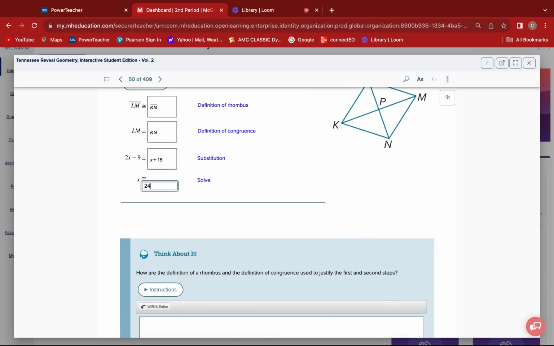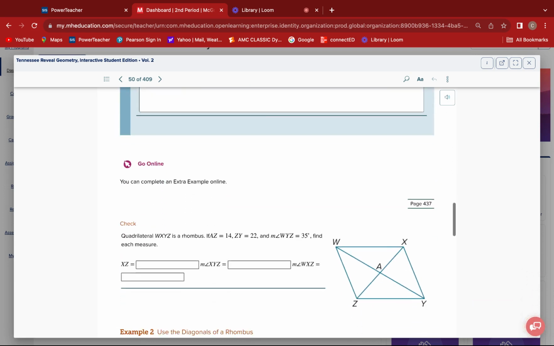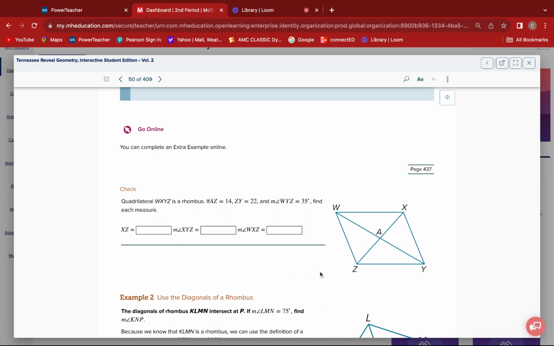And I guess that's all they want me to do. I'm going to turn the page. Yep, going to a check. All right, so we got a quadrilateral, WXYZ. It's a rhombus. AZ is a bisected part of the diagonal. XZ is the entire diagonal. XZ has been bisected, which means AZ and XA are the same.